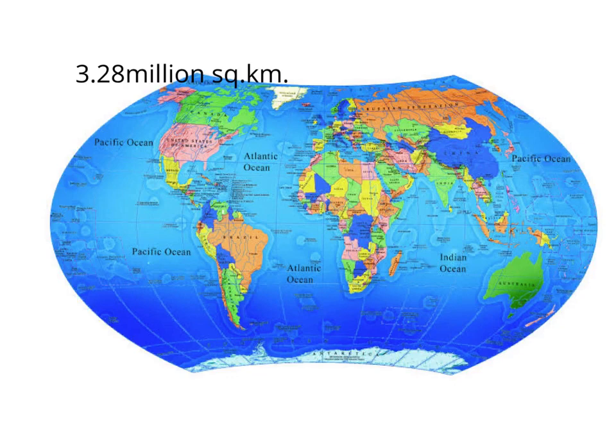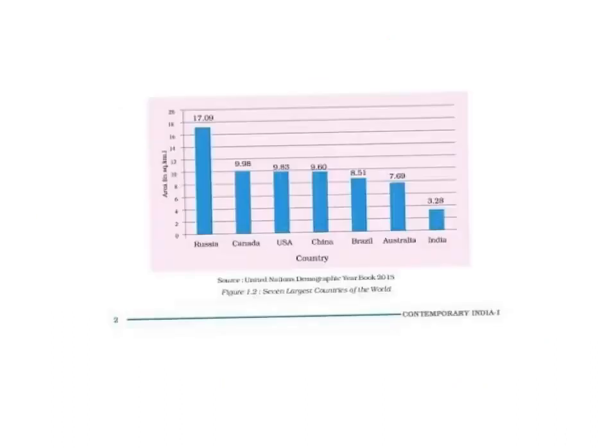This area accounts for 2.4% of the world's total area, which means out of the total land area available on the earth, India has 2.4% of it. The countries larger than India are Russia, Canada, United States of America, China, Brazil, and Australia.